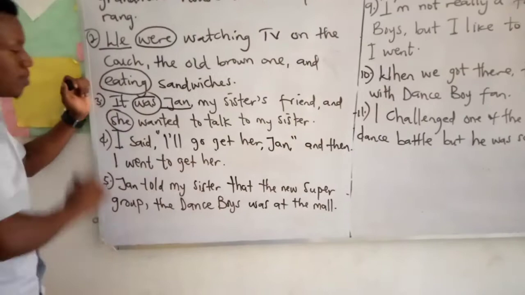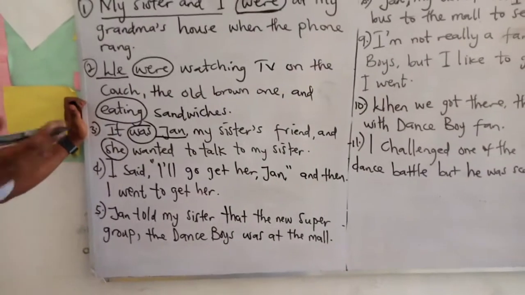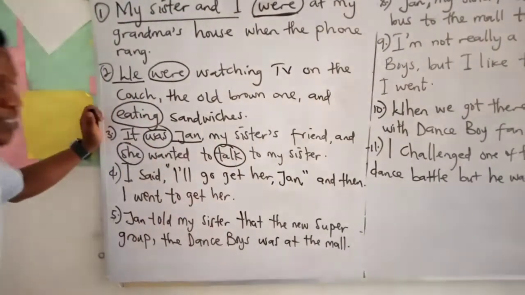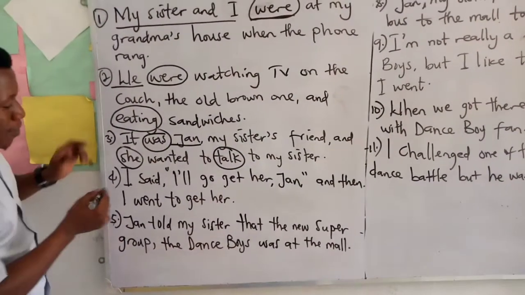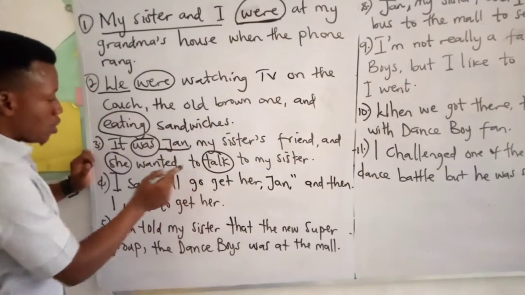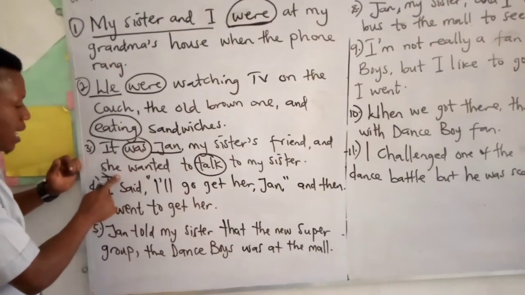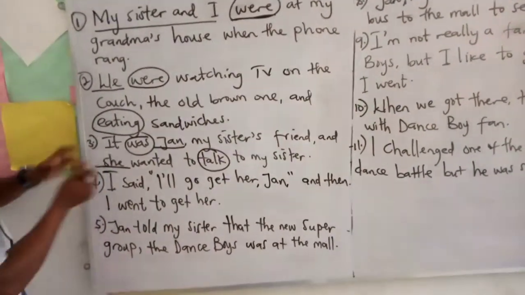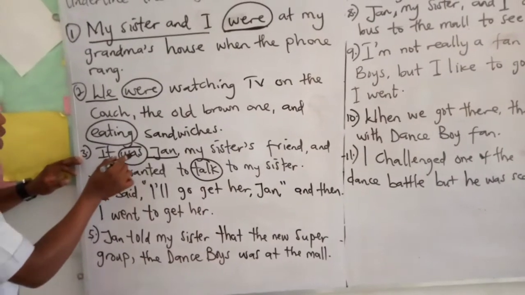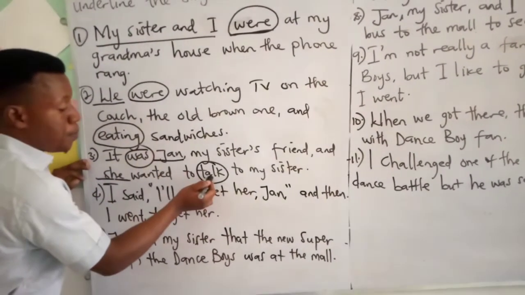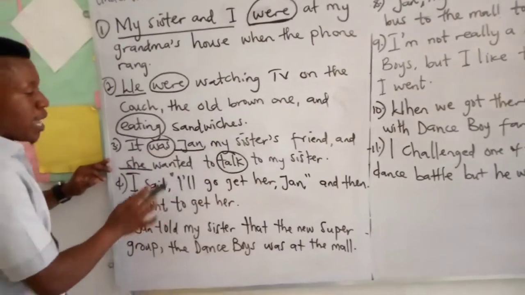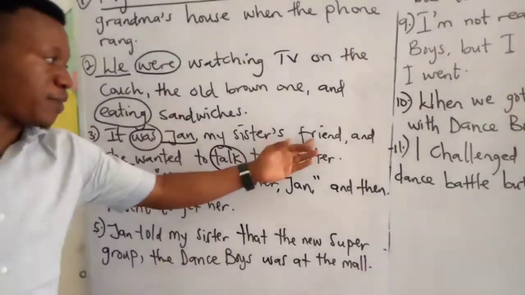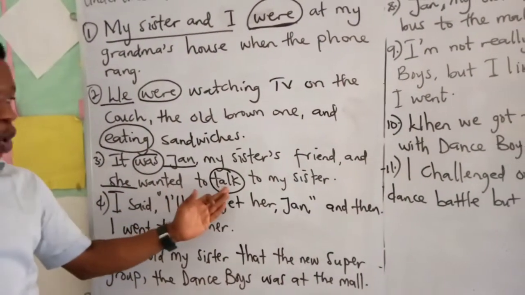Jan is your subject, and she wanted to talk, the action, wanted to talk to my sister. So you can see that we have two predicates and two subjects. Underline subjects, two. Circle predicates, two. So these are predicates and these are the subjects.